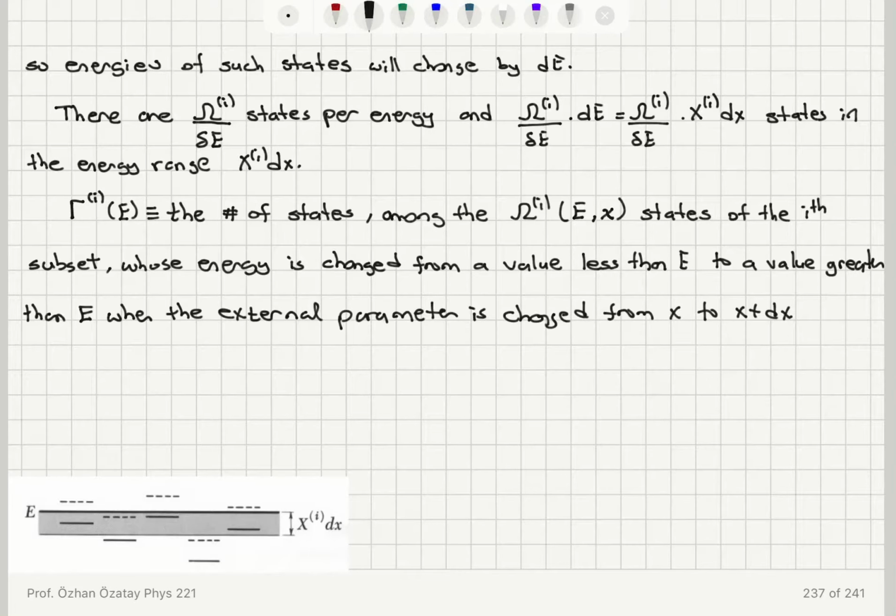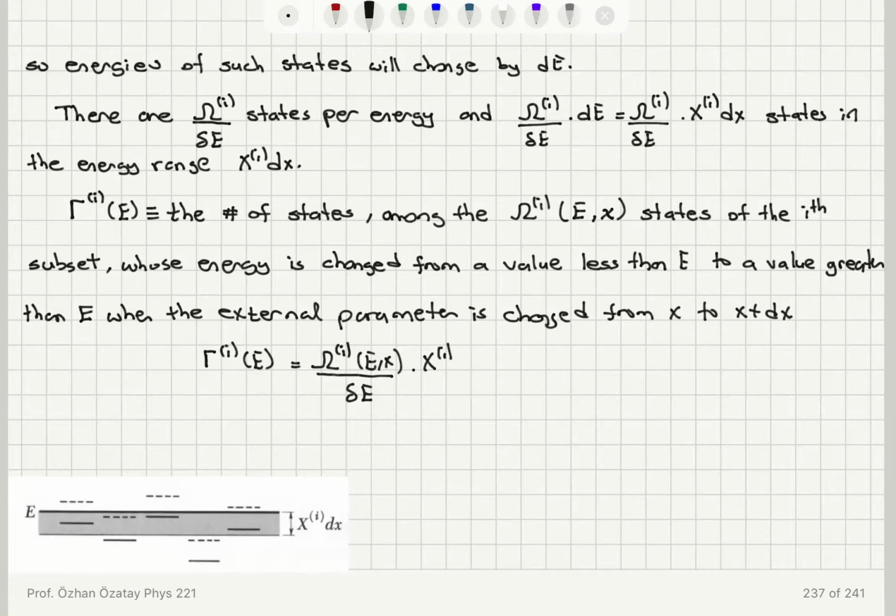So the particular number of states that are entering this range will be equal to the number of states per energy, omega I divided by delta E, multiplied by dE.